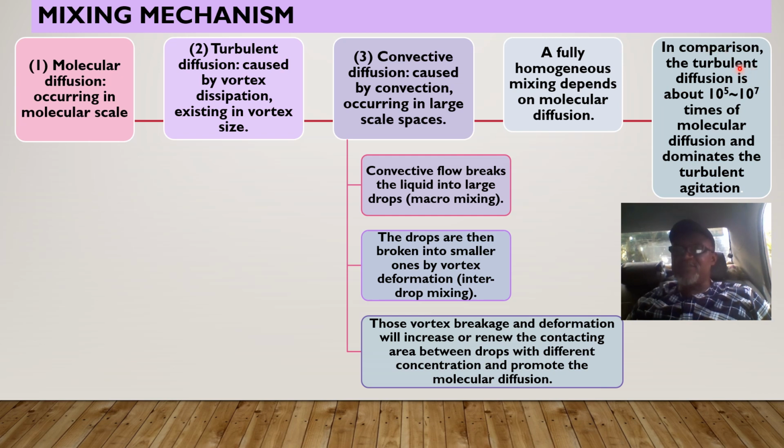Now, in comparison, the turbulent diffusion is about 10 to the power 5 or 10 to the power 7 times that of molecular diffusion and dominates turbulent agitation. So we have mentioned turbulence. We have also mentioned laminar flow. So we're saying that turbulence or turbulent diffusion is far greater than molecular diffusion.